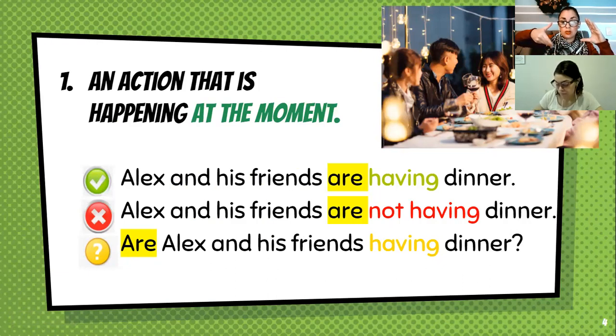In English, we don't use the one for the start. We just close the question with the question mark. Nosotros no ponemos signo de interrogación al principio en inglés, solo al final.